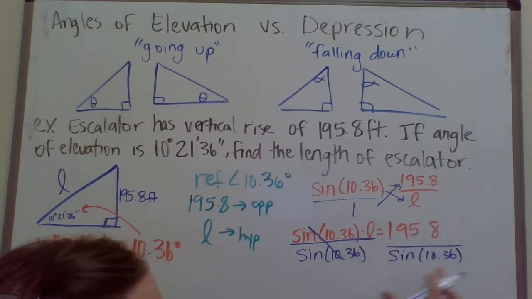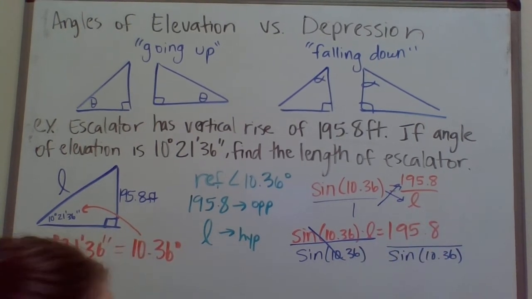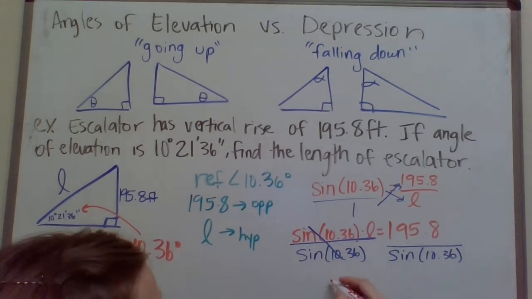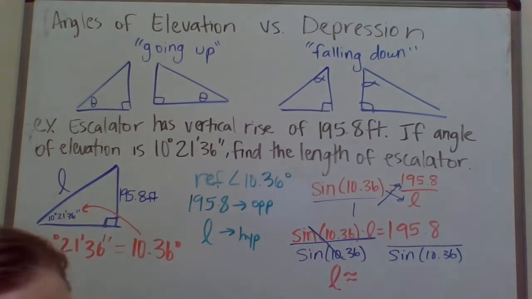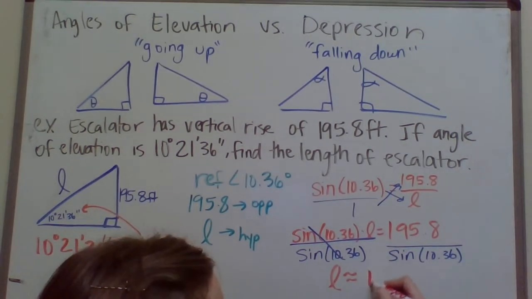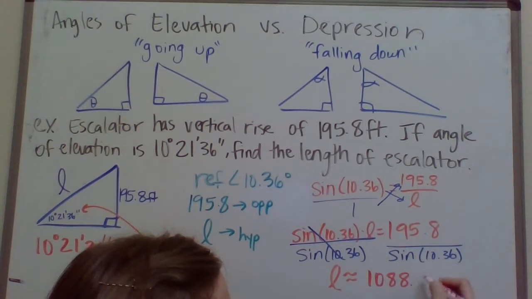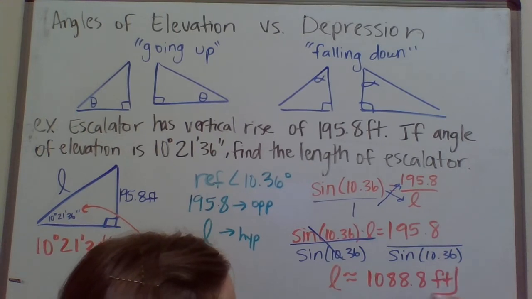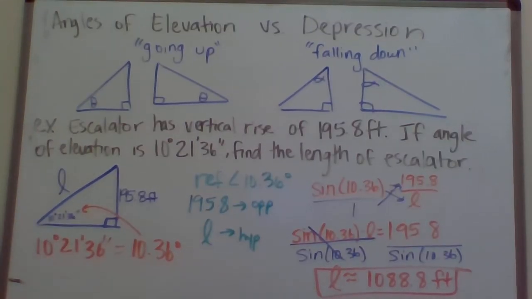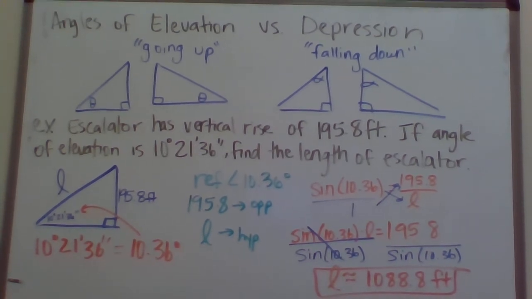So if you plug this in your calculator, 195.8 divided by the sine of 10.36, you should end up with the length of the escalator, again rounded to the nearest tenth, being approximately 1,088.8 feet. And you'll have plenty of other real life scenarios with that vocabulary of using angles of depression and elevation to solve for missing sides and angles.